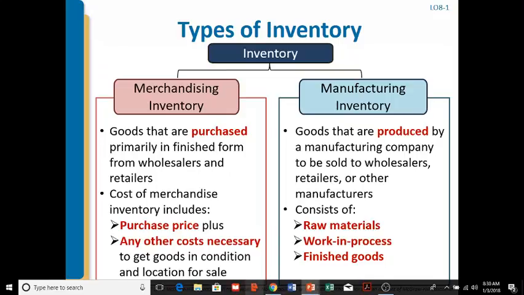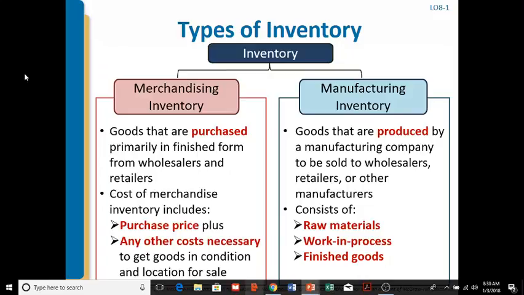And so there's two distinctions. First, you have merchandising companies. Those companies are wholesalers and resellers. They don't make the things that they sell, they buy them from manufacturers. And so these are purchased, not produced by the merchandiser.